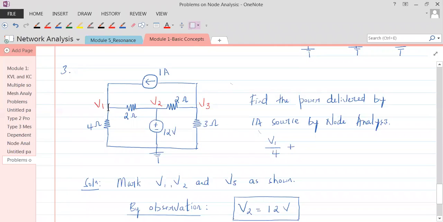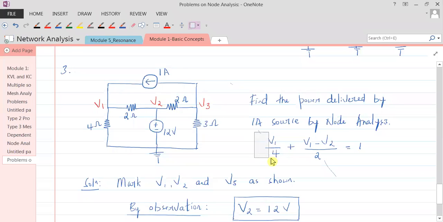While writing, let's write it as V1 minus V2 since we're all beginners. So it's (V1 minus V2) by 2, equal to, so the sum of these 2 leaving currents is equal to the entering current, that is 1. Everybody understand that? So this is how the KCL looks.